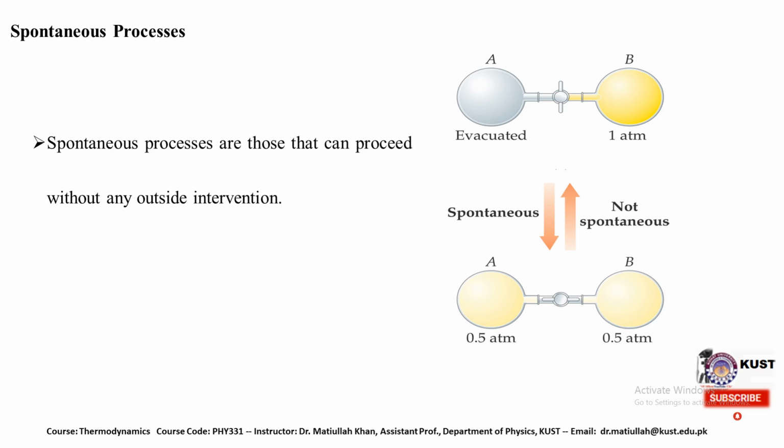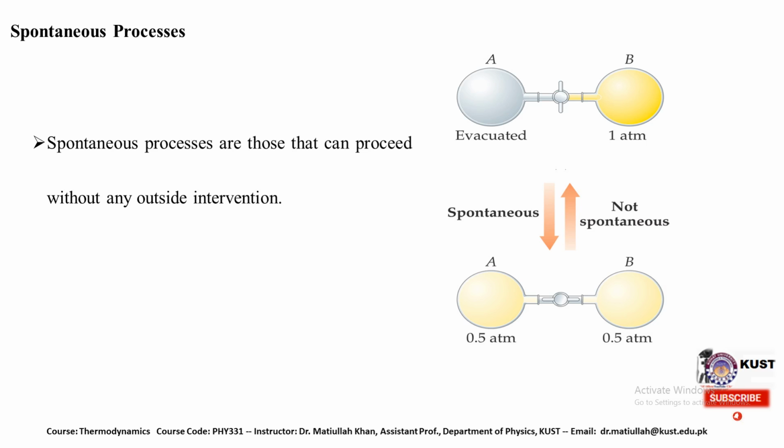Initially there is a barrier in between the two tubes. When the barrier is removed, the gas will move from higher pressure toward lower pressure, from B to A, and this gradient depends upon the pressure difference.